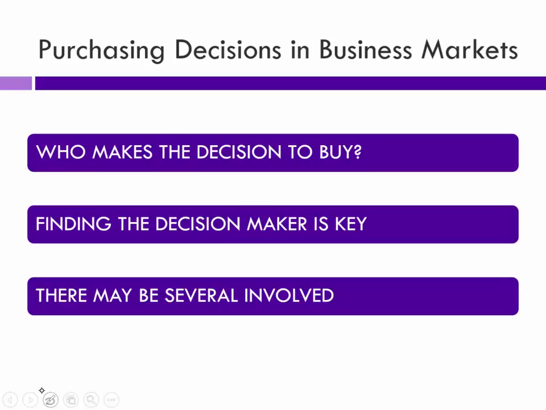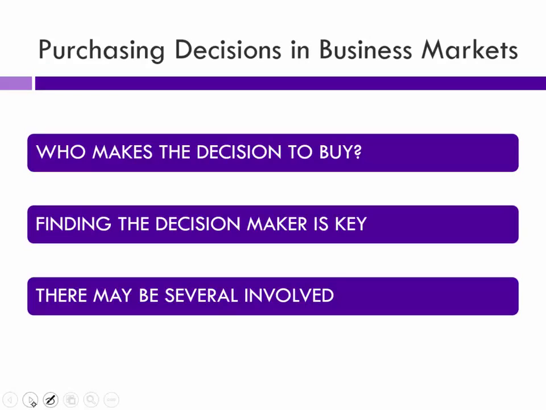I had a speaker come into one of my classes who was talking about personal selling, and that was a lot of what she talked about. It's just trying to figure out actually who the decision maker is, and get in there. And there's probably going to be a number of people involved, whereas with business to consumer, it's just one person that you have to sell. Well, maybe like a husband and wife, but for the most part, it's one person.